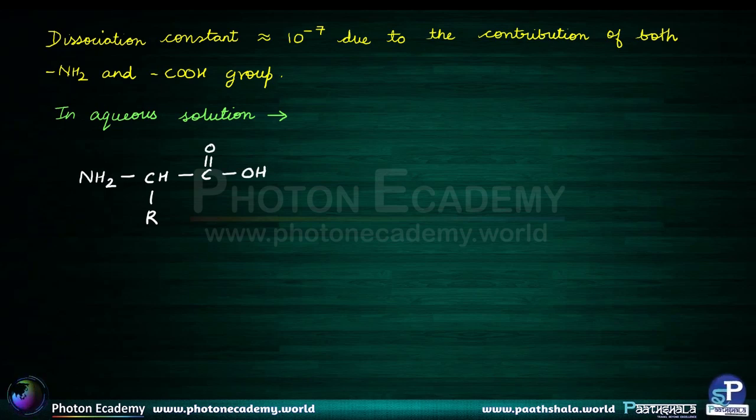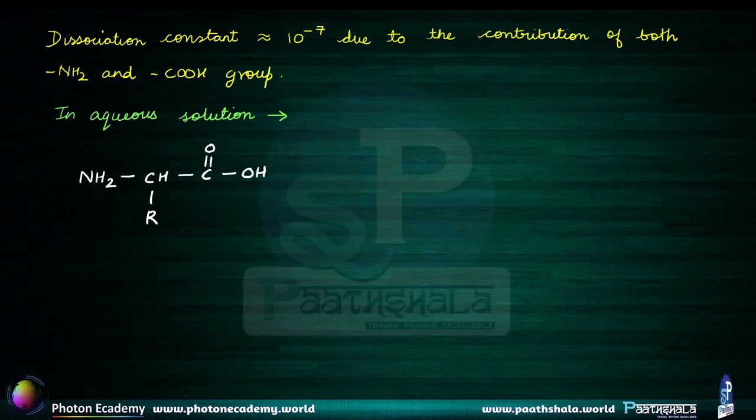So we have got this amino acid. Now what happens is that in aqueous solution, the carboxyl group can lose a proton and the amino group can accept a proton, which gives rise to a dipolar ion.